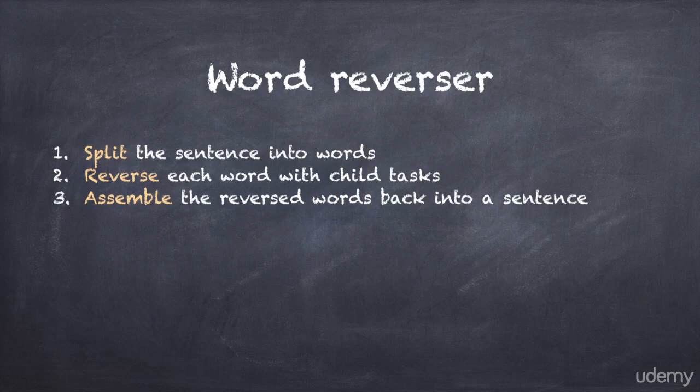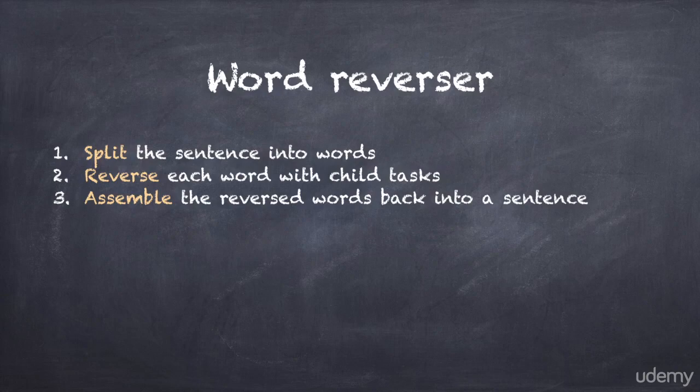Split the sentence into words. 2. Reverse each word with child tasks. 3. Assemble the reversed words back into a sentence. In the previous lecture, I only talked about parent and child tasks, because we didn't cover continuations yet. So I split the sentence in the parent task and assembled the results in the main program method.